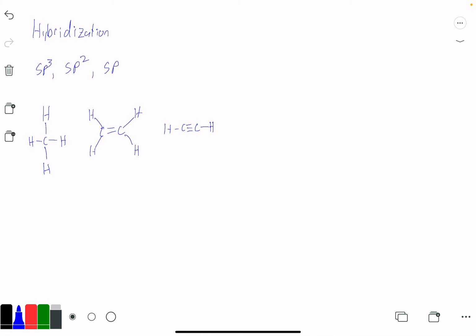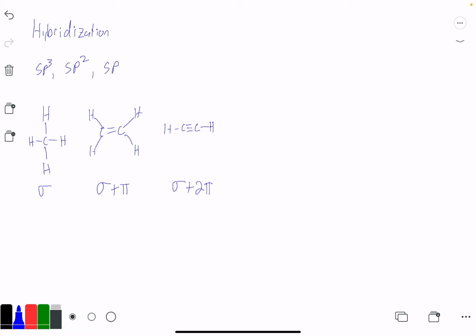But not only do they have different types of geometry, they also have different types of bonds. So if we look at methane, it is made up of sigma bonds, okay? If we look at ethene, we have a sigma bond plus a pi bond, all right? So that's what gives us a double bond. And then for acetylene, we have a sigma bond plus two pi bonds.